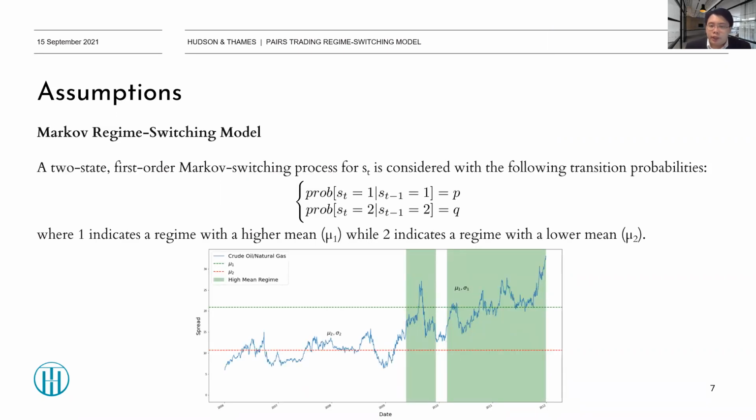And here, a two-state first-order Markov regime switching process for S_t is considered with the following transition probabilities p and q, where 1 indicates a regime with a higher mean and 2 indicates a regime with a lower mean. So we can see from a figure that the spread between crude oil and natural gas has gone from a low regime to a high regime.